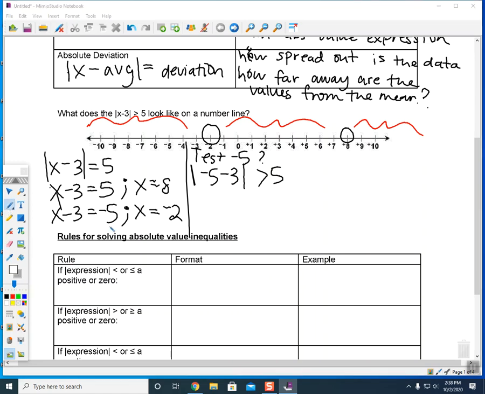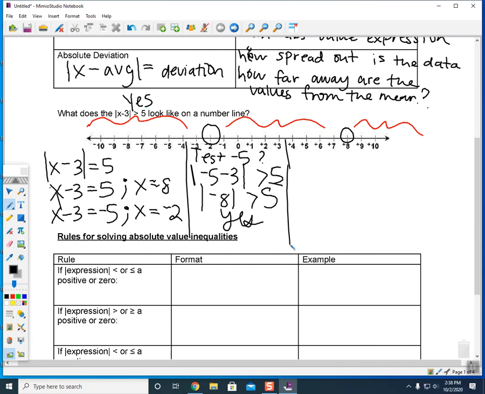Negative 5 minus 3 is negative 8. So I have the absolute value of negative 8 is greater than 5. And yes, that is true, right? The absolute value of negative 8 is greater than 5, so this is a yes. It's true over here.